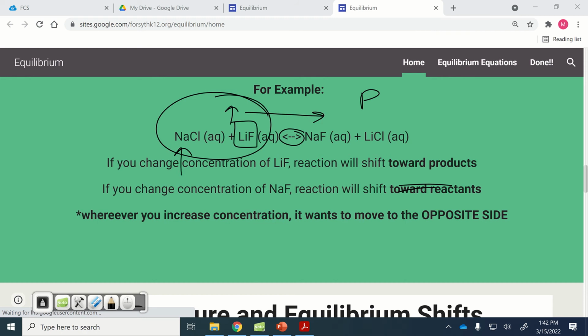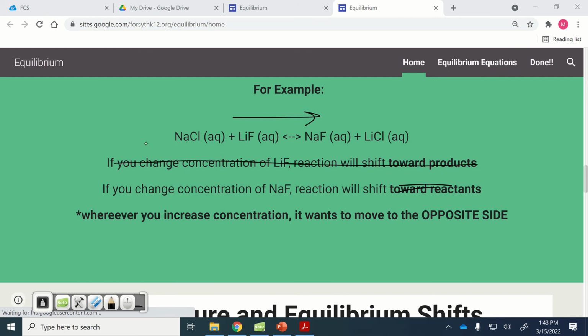So, if I increase the concentration of any of these chemicals, it's going to shoot to the other side. So I should reword this: if I increase concentration, it will shift to the opposite side.